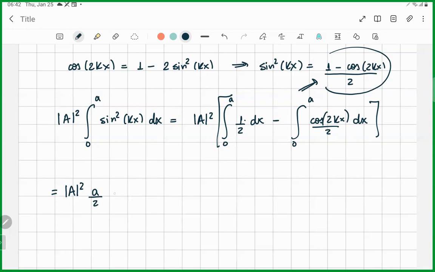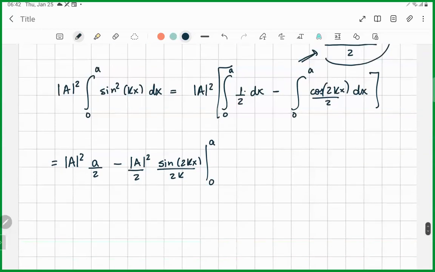From the second integral, there is a half there. And the integral of the cosine of 2kx will give us sine of 2kx divided by 2k, between the extremes 0 and a. Now, what do we know?